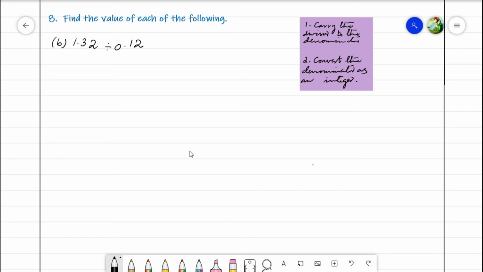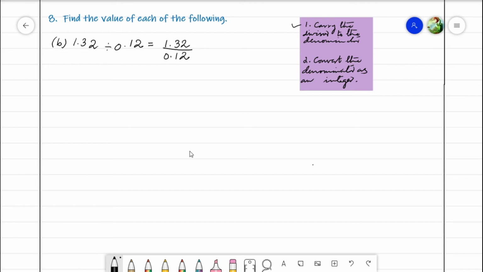Step number 1, carry the divisor to the denominator. So here what will we do? This is the divisor and this is the dividend. So I will take this divisor to the denominator: 1.32 will be in the numerator, and 0.12 will go in the denominator.